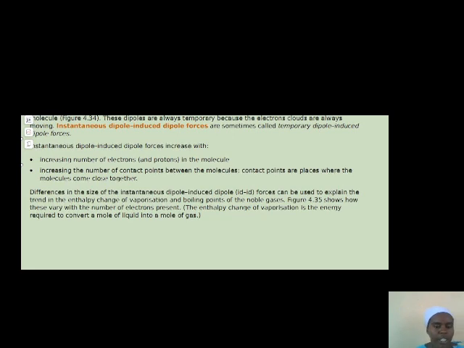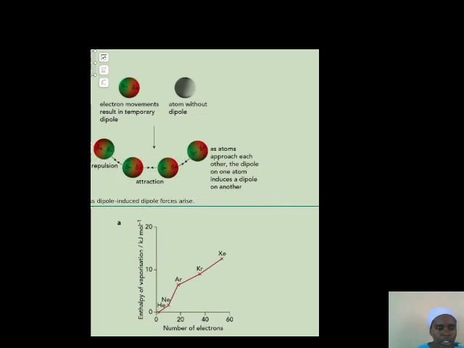The differences in size of these forces can be used to show the enthalpy changes of vaporization of the noble gases. I have a graph that shows that.